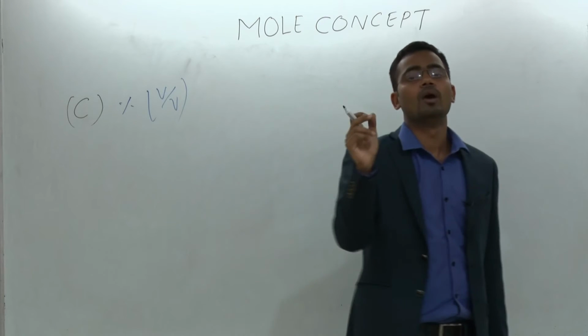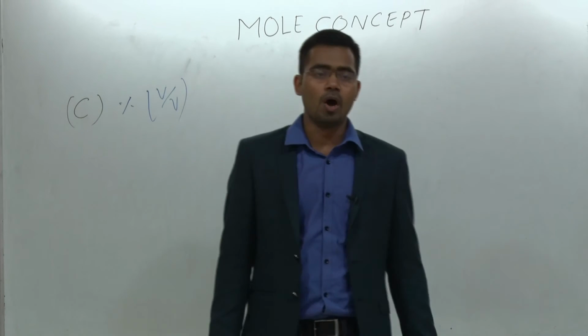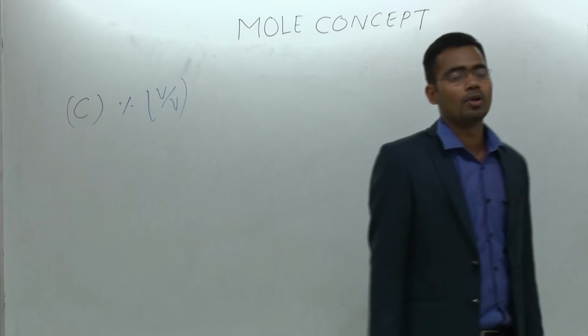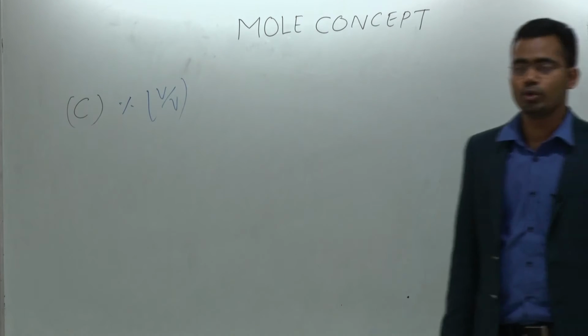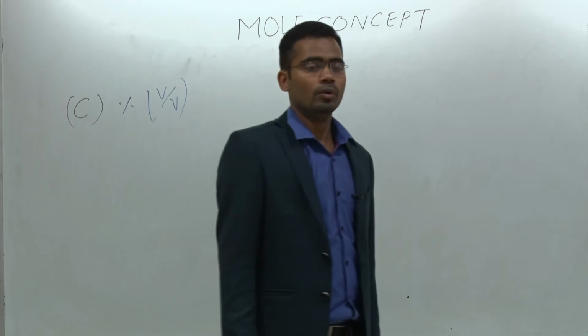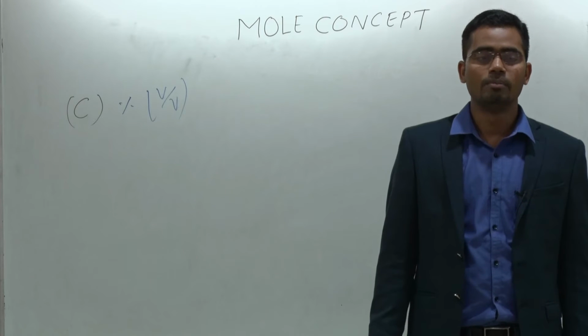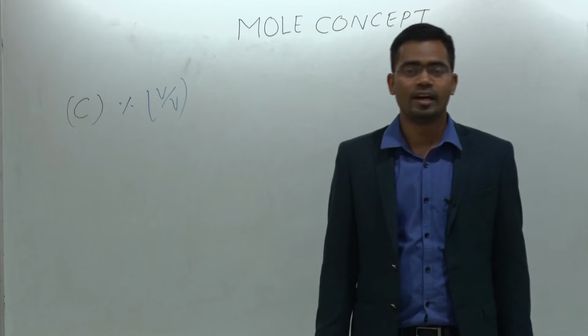Percentage volume by volume. It is the ratio of volume of solute to volume of solution, multiplied by 100.